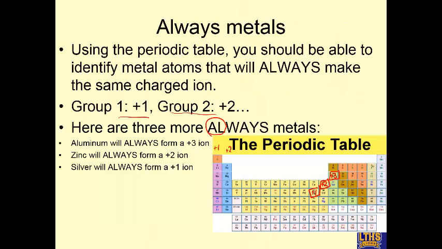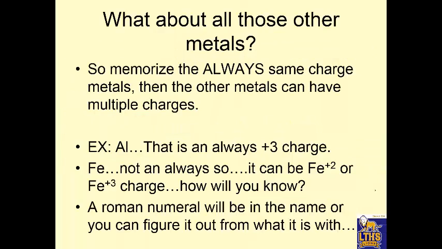Non-metals you don't have to worry about whether they're always or not, because they form the same charges. These are -1s, -2s, -3 for the non-metals. Okay, so what about the other metals? We're just talking about metals now for charges. If you know the always metals, group 1, group 2, and aluminum, zinc, and silver, then the other metals on the periodic table are ones that can vary their charges, meaning they might not have the same charge every time.